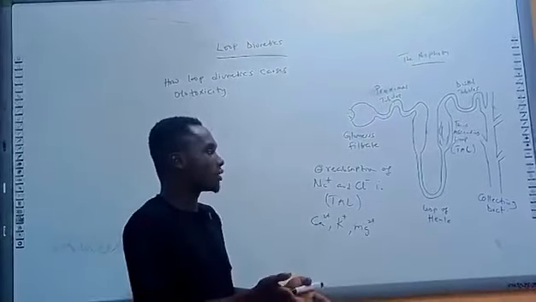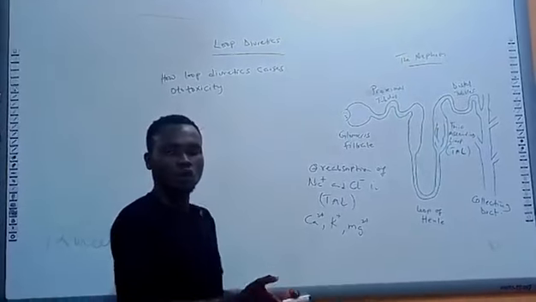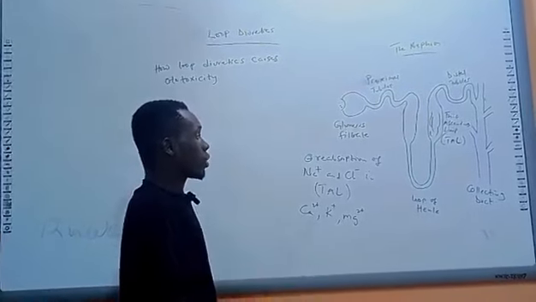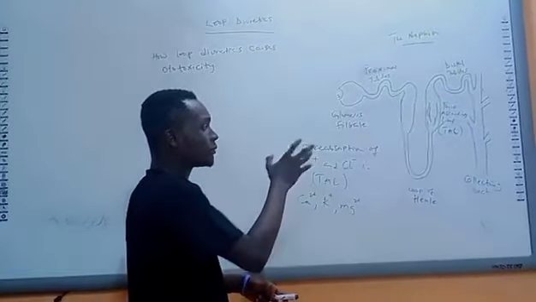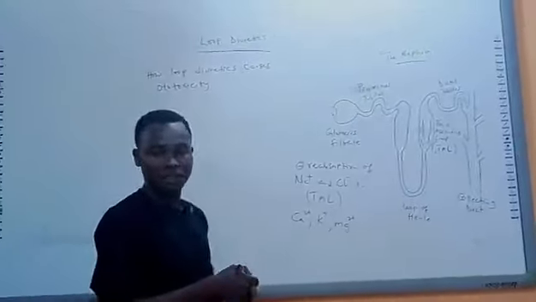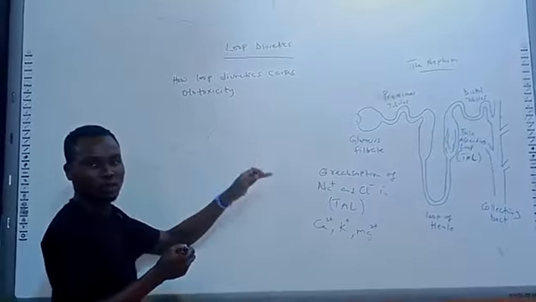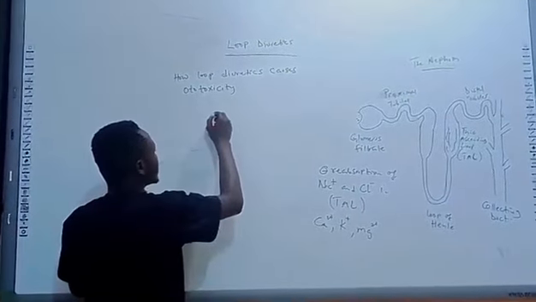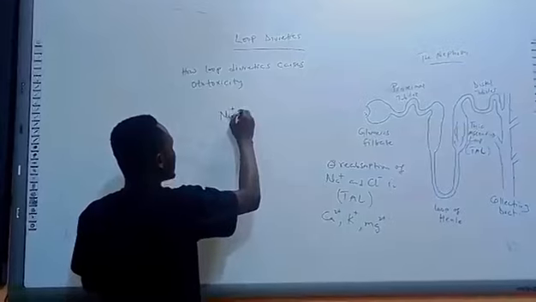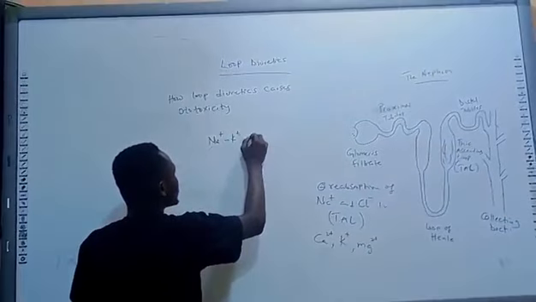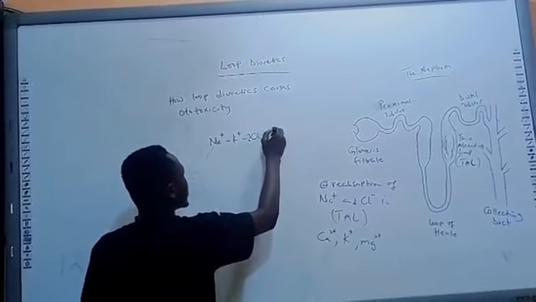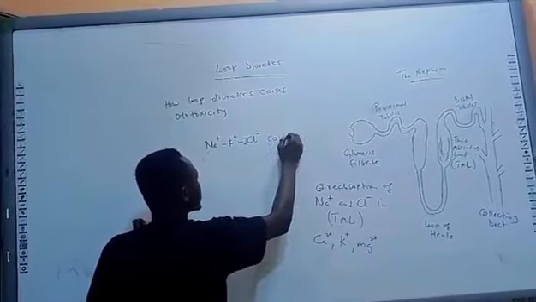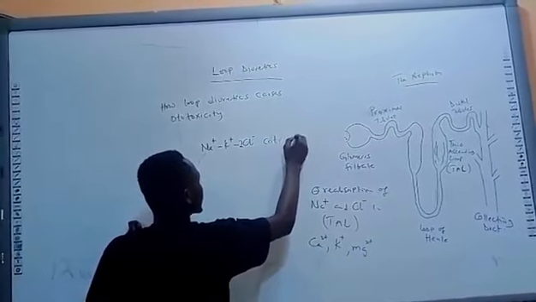How do they prevent the reabsorption of sodium ion and chlorine ion? In the thick ascending limb of the loop of Henle, we have a co-transporter called the sodium, potassium, chlorine co-transporter.